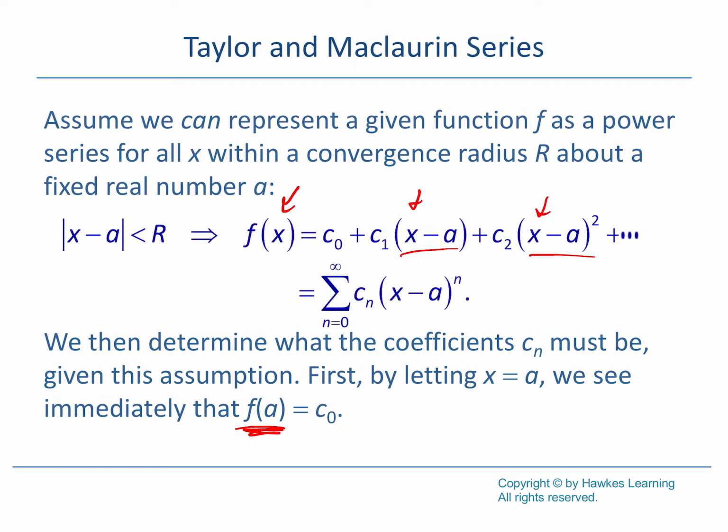All those would be zeros. And what we'd be left with is C0. So f of a equals C0. The function value would just be, f of a is C0.